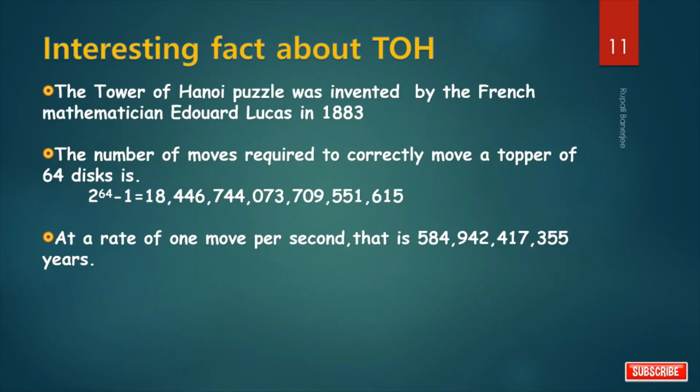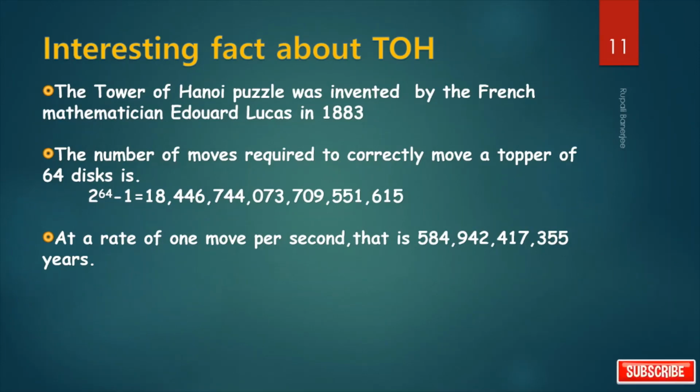These discs are continuously moved by priests in the temple. According to a prophecy, when the last move of the puzzle is completed, the world will end. These priests, acting on the prophecy, follow the immutable rule by Lord Brahma of moving one disc at a time. Hence, this puzzle is often called the Tower of Brahma puzzle.